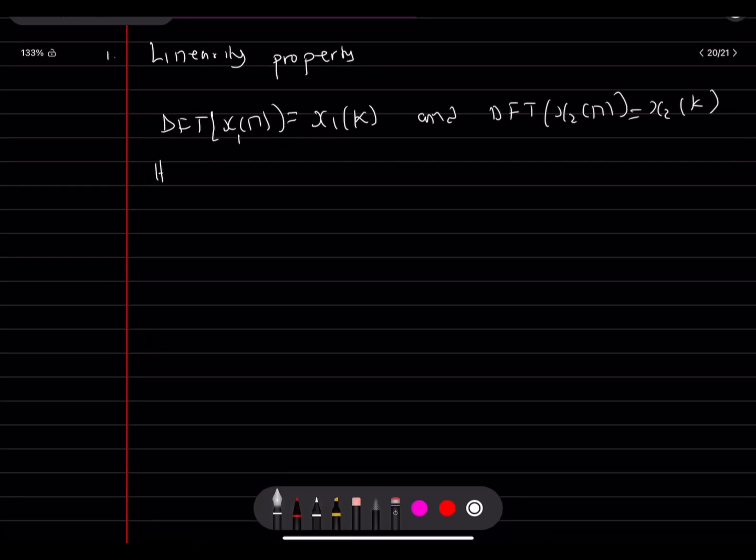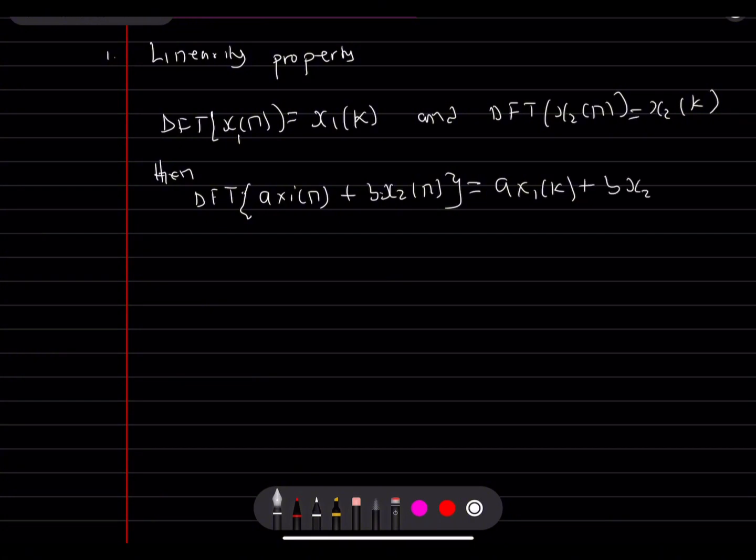Then we can say that the DFT of a x1 of n plus b x2 of n is equal to a x1 of k plus b x2 of k. So as you can see, this is self-explanatory, right? Whilst a and b are the coefficients of the sequence in the frequency domain and the time domain as well.